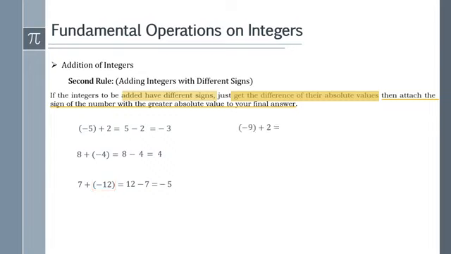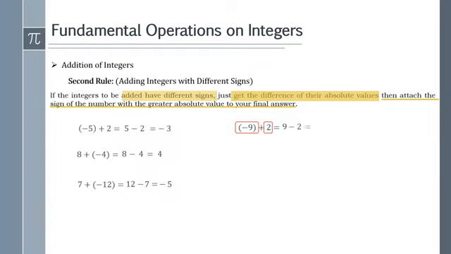Okay, another. So, we have negative 9 plus 2. Different sign. Check. Yes, they have different sign. So, sabi, pag different sign, anong gagawin? Kukunin natin yung difference ng absolute values nila. So, absolute value ni negative 9 is 9 minus absolute value of 2.